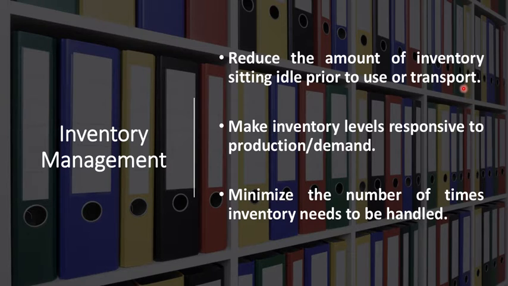For example, if you have raw material in your warehouse that is going to be used in production or manufacturing, then you have to maintain the level so that it is not over, or not sitting in your warehouse for a long time, not getting used because you purchased in a large amount. So reduce the amount of idle inventory that is not in use, and make inventory level responsive to production demand.